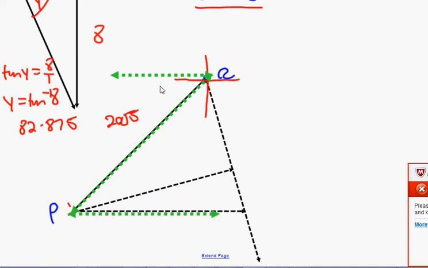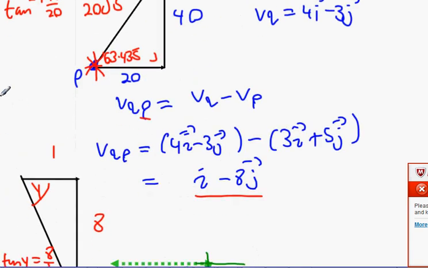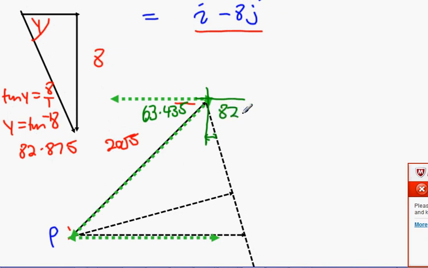So that there is going to be 63.435. And it's going to be 63.435, and what angle is this here? See the Q? This angle here is going to be 90. So we're going to have to add on this part here, aren't we? So this part here, actually we get it now, is 82.875, and that means we can now find out what the middle angle is.